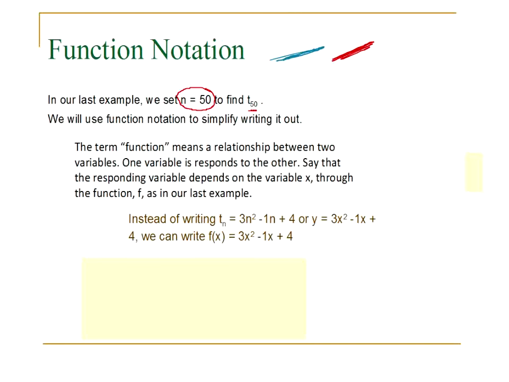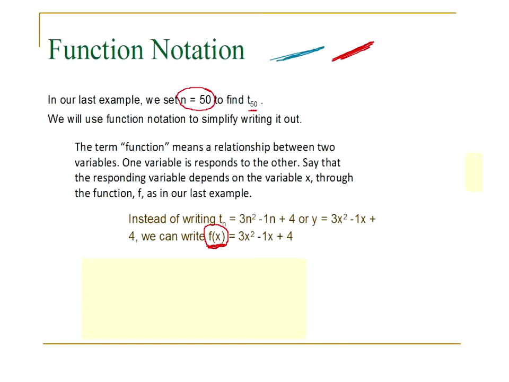So instead of writing Tn equals 3n squared minus 1n plus 4, or using x and y, I can now write the function depends on x in this relationship 3x squared minus 1x plus 4. So f of x, this isn't f times x, although it looks like that. Because of this notation, I'm not going to use variables like f, because that would just be confusing.